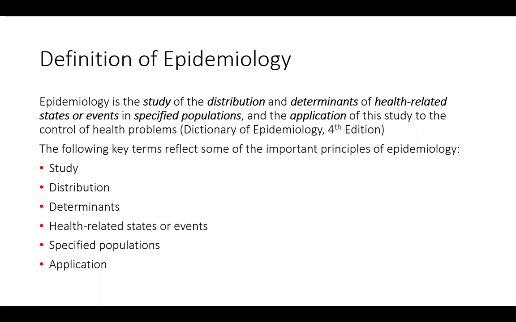Once you've gotten a clue to the solution of the problem, then you need to make policies to implement that solution at the population level. And once you are ready with the policy to implement that solution at the population level, you now have to implement that solution at the population level.